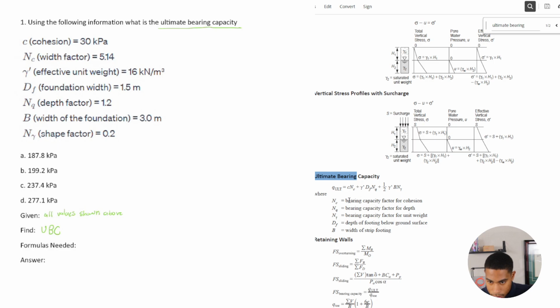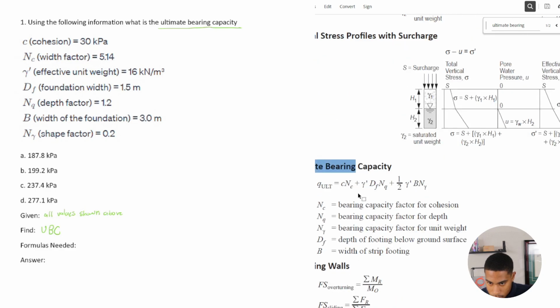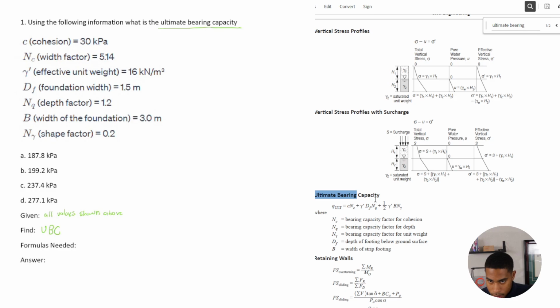Okay, NC, what's that? The bearing capacity factor for cohesion. Do I have that? 5.14. Okay. Do I have Y prime bar, the effective unit weight? I believe that's what that is.